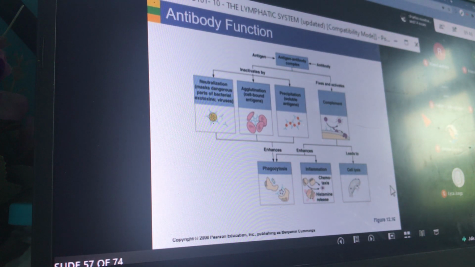Dun sa mga self-antigens mo. Okay, yan yung mga autoimmune disease. Okay? Pero if ang antigen is galing sa another person or another substance, doon ka na magpo-produce ng antibody. So, yun ang normal.